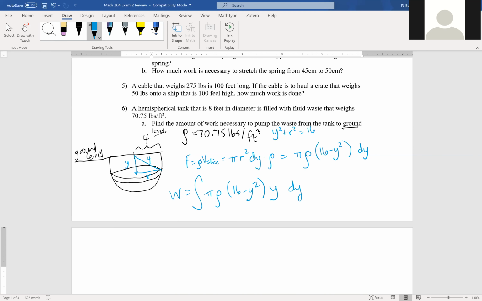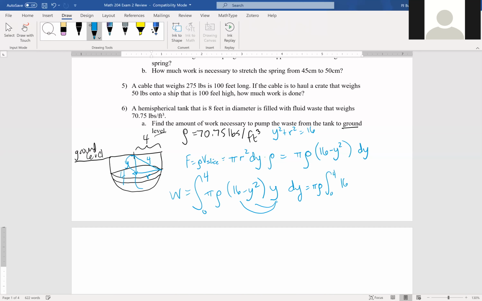And that would go from 0 to 4, because the distance from here down to the bottom is just the radius. And the slice at the very top doesn't have to go anywhere. So then just multiply this in and integrate. All right. Thank you.